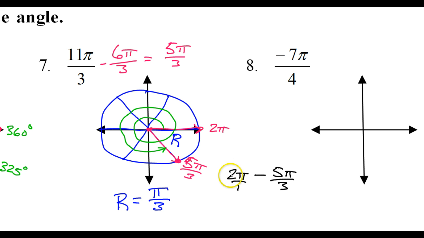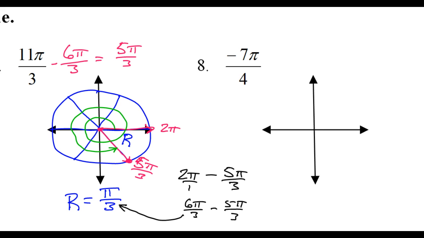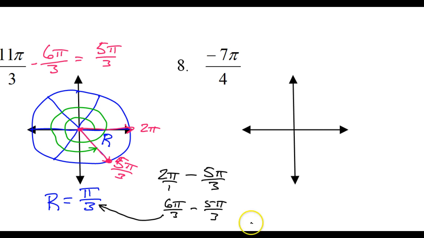Now if I multiply both of these by 3, that'll give me 6 pi over 3 minus 5 pi over 3. 6 minus 5 is 1, so that will give me 1 pi over 3, which is what I had in the first place, much quicker. So that's how you would have to do it if you had to do it the long way. Alright, let's do that one more time.